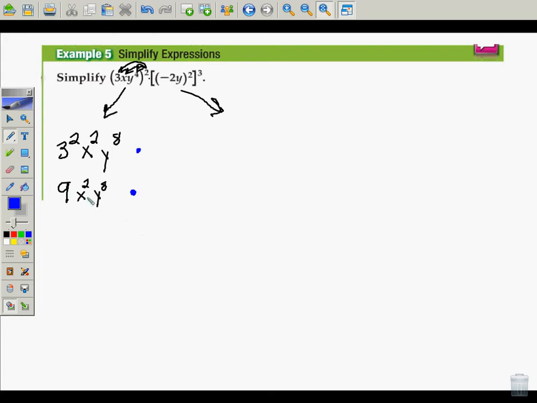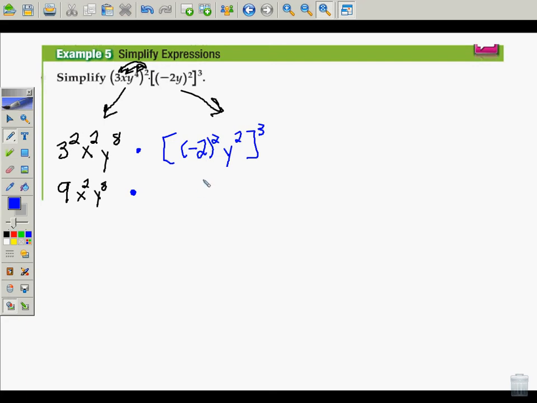Now I'm going to focus on this part on the right. I have negative 2y raised to the second power. I've got something inside parentheses being multiplied together, all raised to a power. So that means I'm going to have negative 2 raised to the second power times y raised to the second power. That's all going to be raised to the third power. I'm going to simplify this real quick because negative 2 raised to the second power is positive 4.